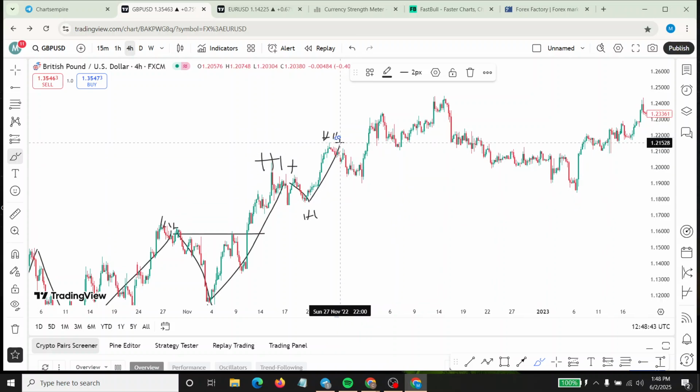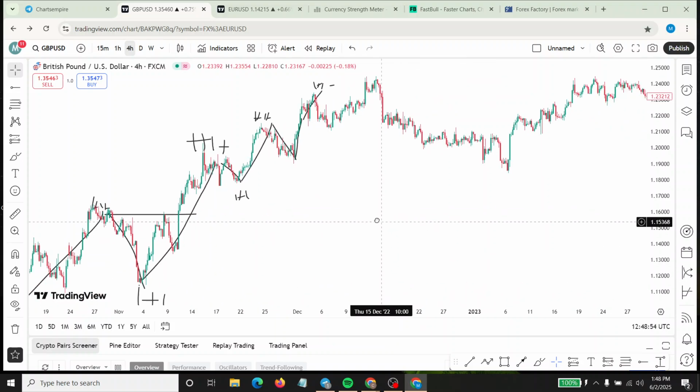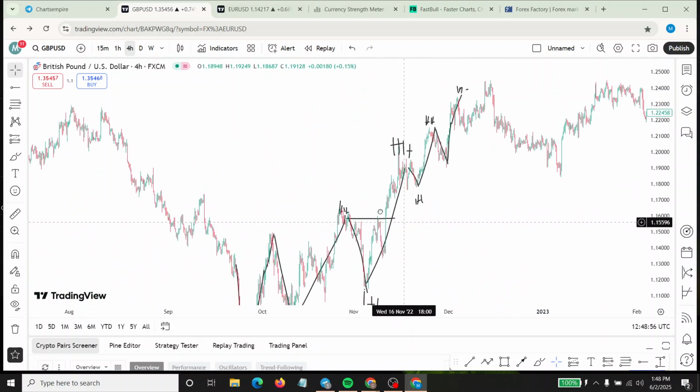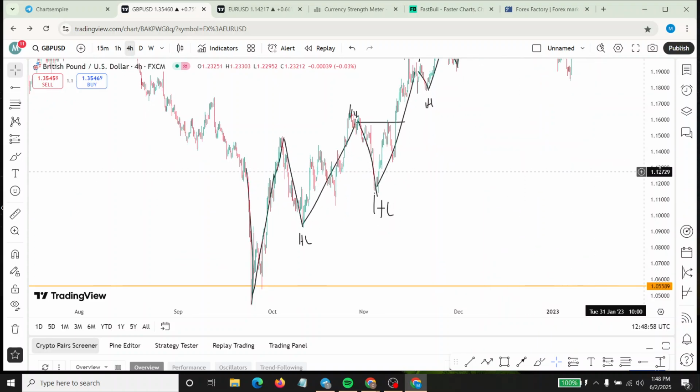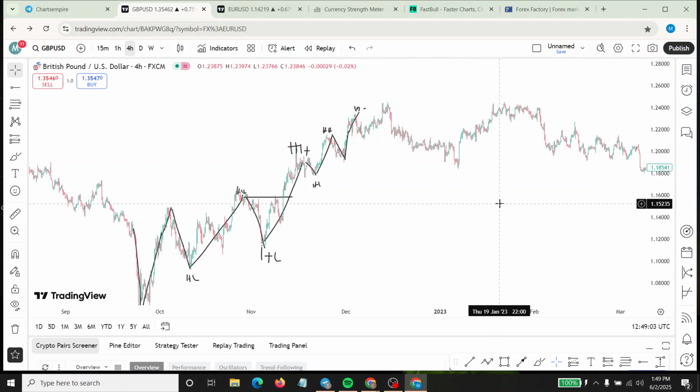The market gave us a higher high, a higher low, giving us this new what? New higher high. You can see how the trend of the market changed using the same concept, making use of our support and resistance. So we've been able to identify structures, change of structures in this regard.